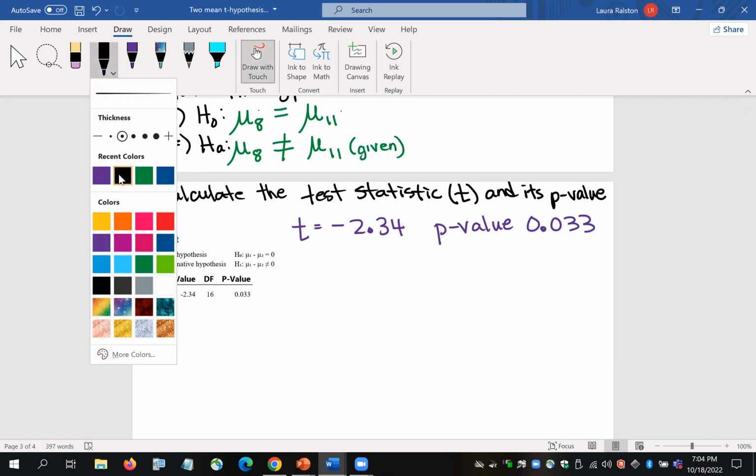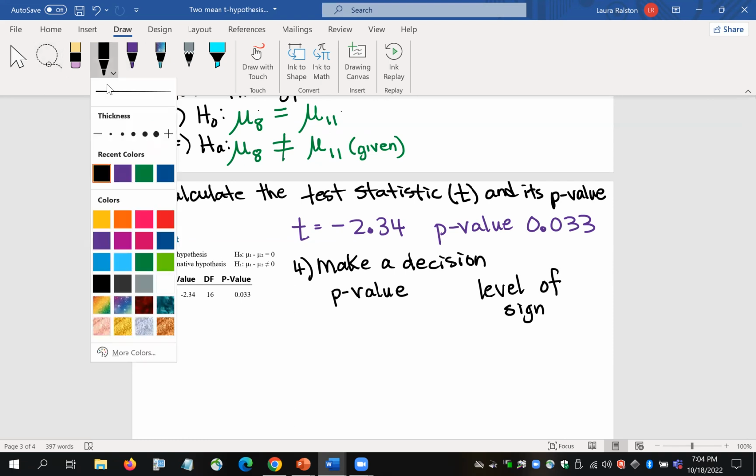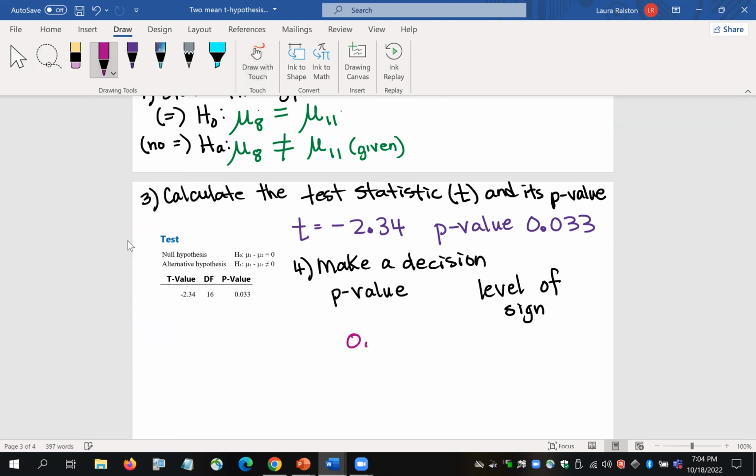I'm at step 4. Step 4, we make a decision. We make a decision by comparing the p-value to the level of significance. My p-value, which I get from Minitab, is 0.033. My level of significance is 0.05.